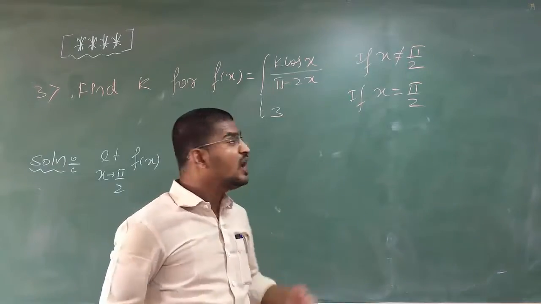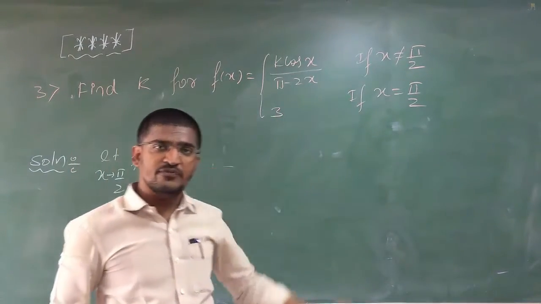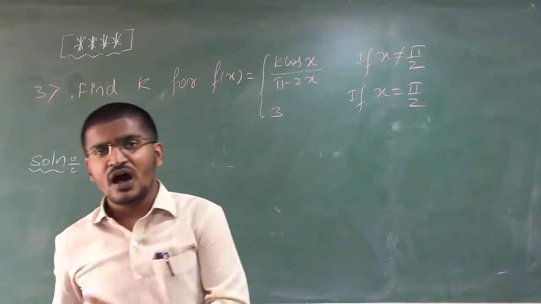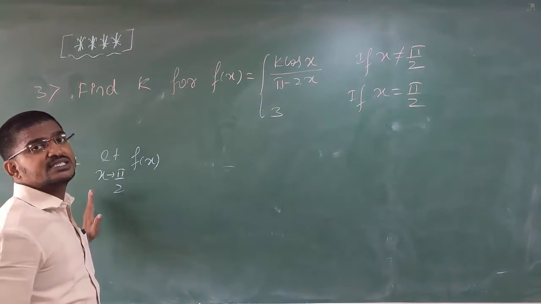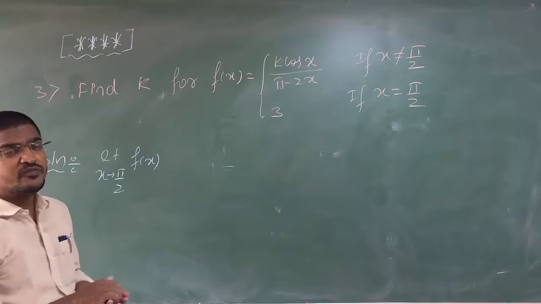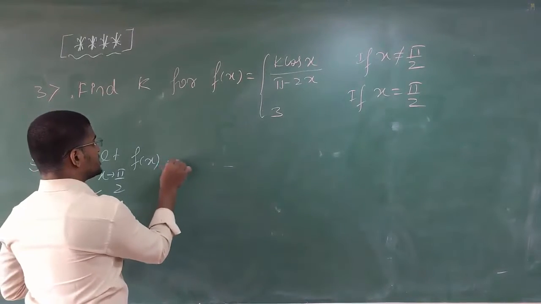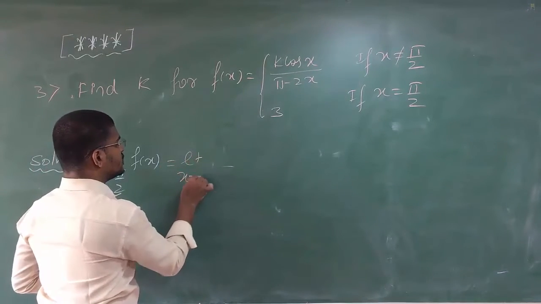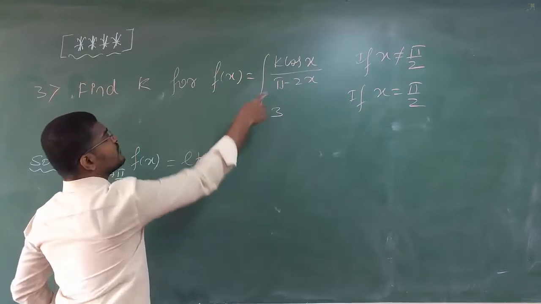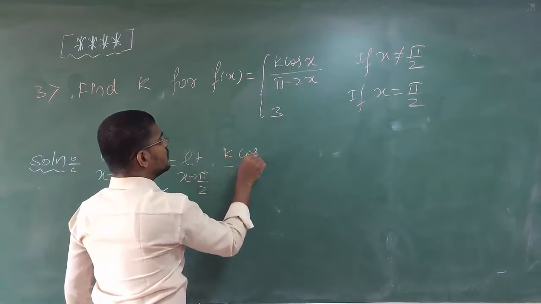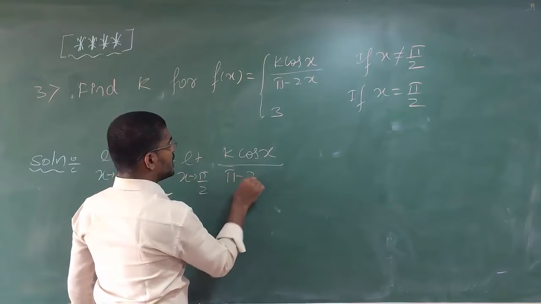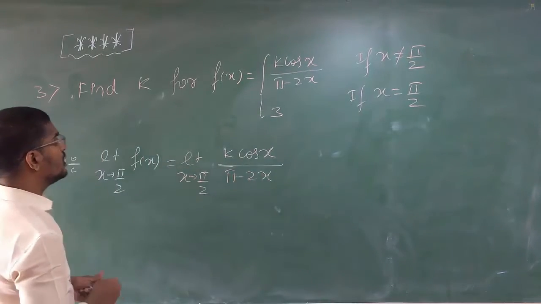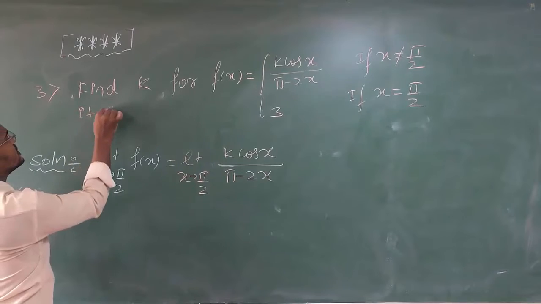Clear? But here for LHL also the same function which you are having for RHL. For that reason let us directly go for the limit as x tends to pi by 2 of f of x. So that is the limit as x tends to pi by 2, what is your f of x? k into cos x divided by pi minus 2x. Clear?